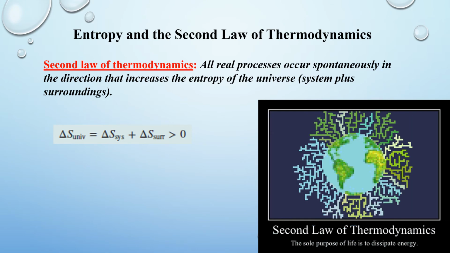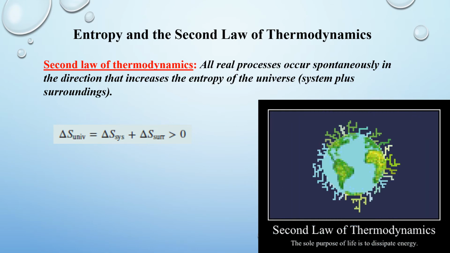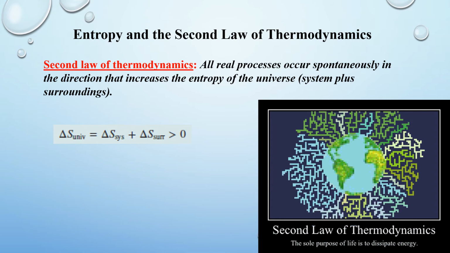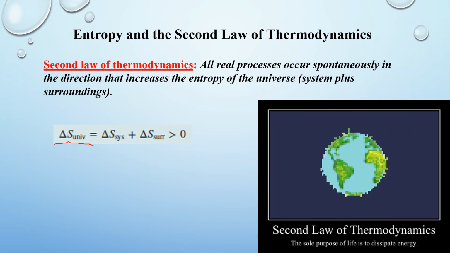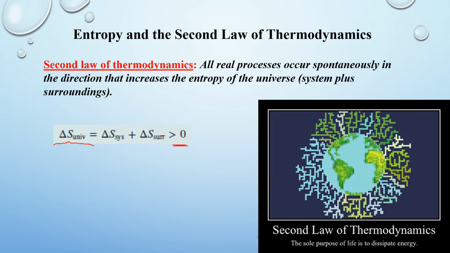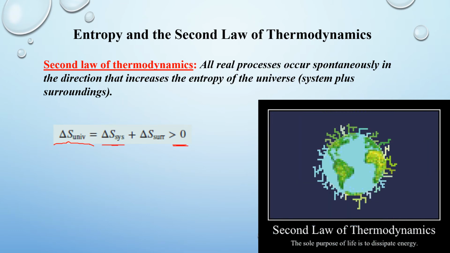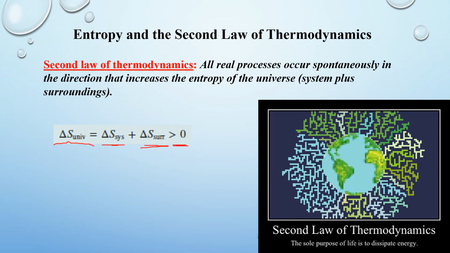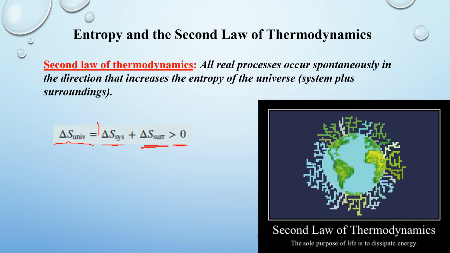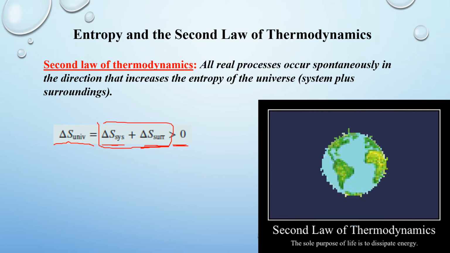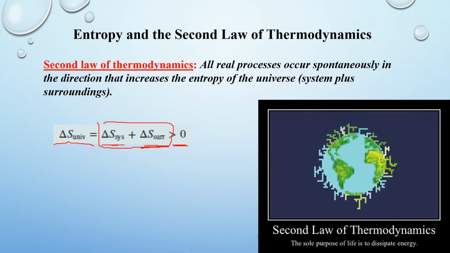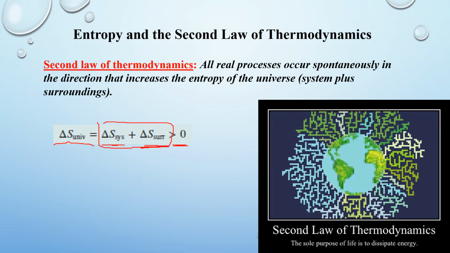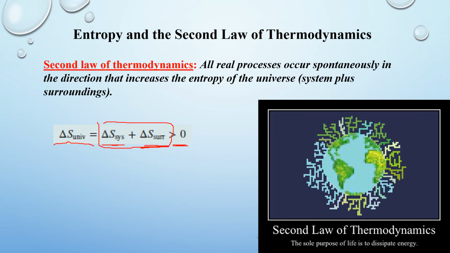Again, the universe is the system plus the surroundings. For a spontaneous change, we want the delta S of the universe greater than 0, which means the delta S of the system plus the delta S of the surroundings, the sum of these two, greater than 0. If that is greater than 0, this reaction will happen spontaneously.